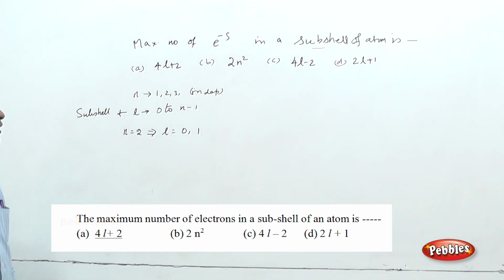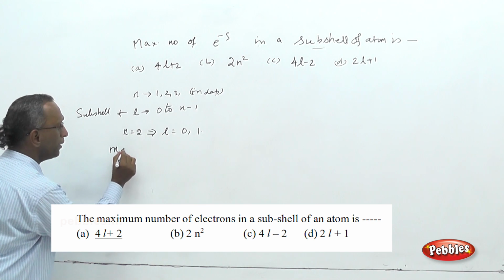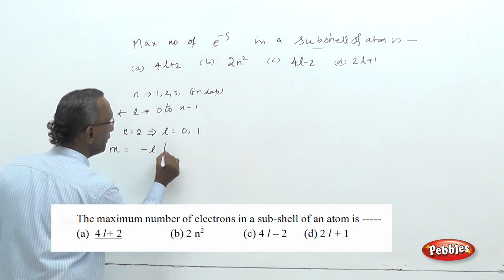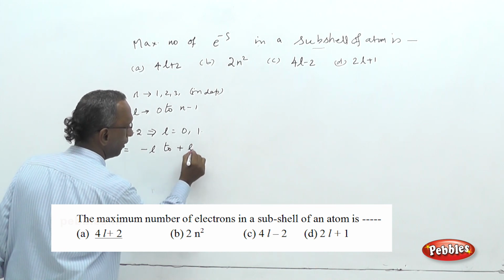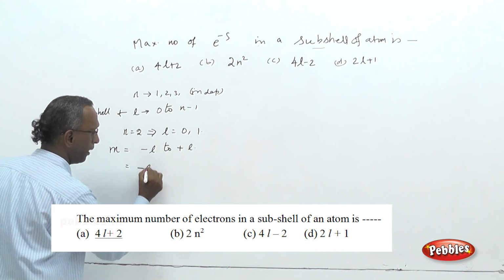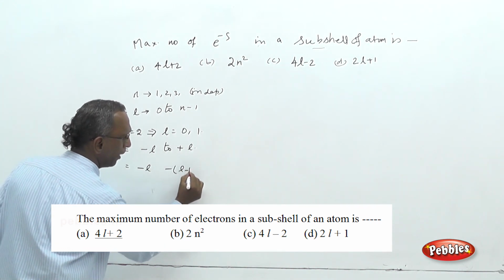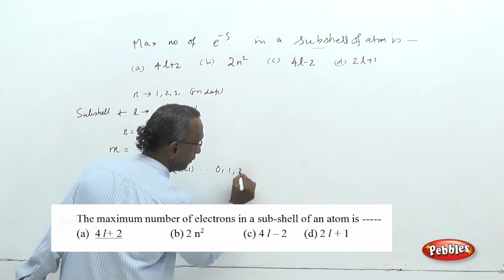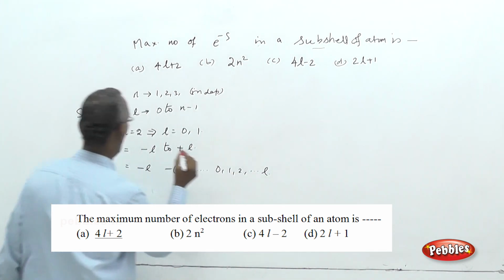Then the third one is the magnetic quantum number, which gives the degeneracy. It takes the values minus l to plus l, meaning minus l, minus of l minus 1, and so on, like integers.